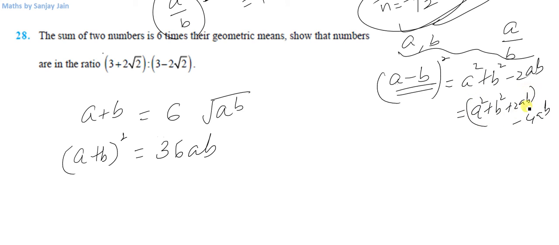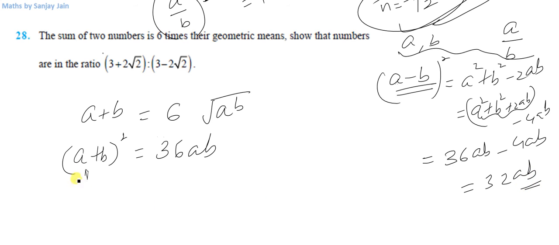And what is this part? This part is this a plus b whole squared, right? So you can replace this with 36ab minus 4ab, that will give you 32ab. All right, now you have got a minus b whole squared as 32ab.